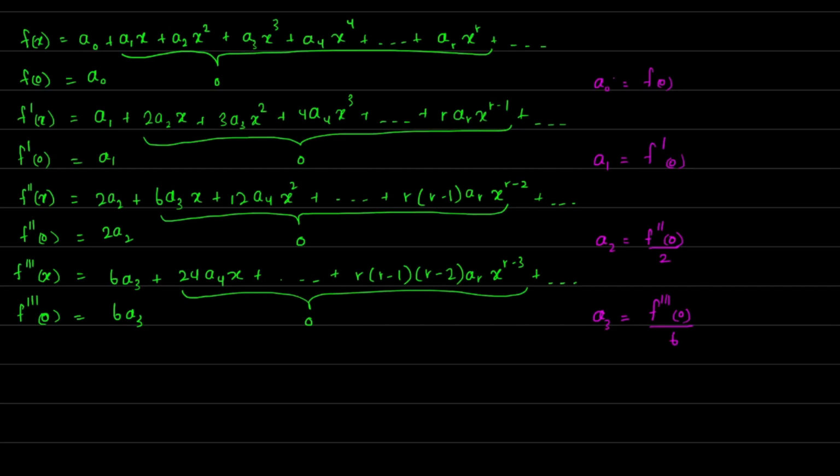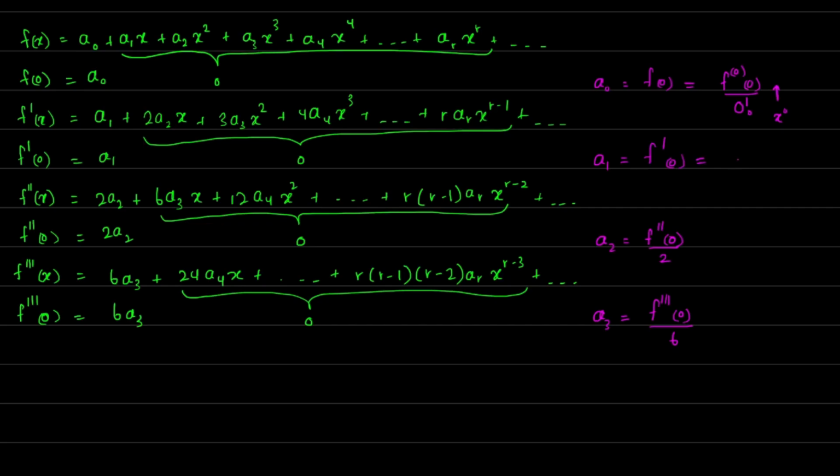Now let us consider these coefficients. We want to identify a pattern in these coefficients. So a0 can be written as f(0) divided by 0 factorial, and this is the coefficient of x to the power 0, right? Since it is the constant term.